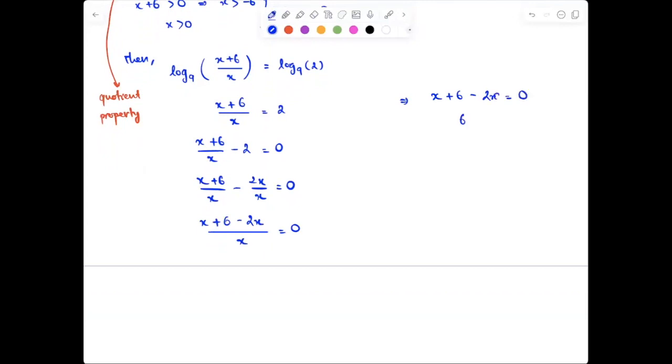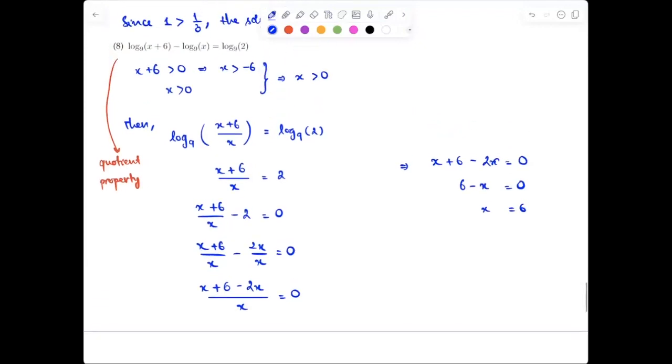Or you have 6 minus x equal to 0, or x is equal to 6. Now, when you have x equal to 6, you go back to the domain and you see that 6 is obviously greater than 0. So you conclude that x equal to 6 is the solution of the equation.